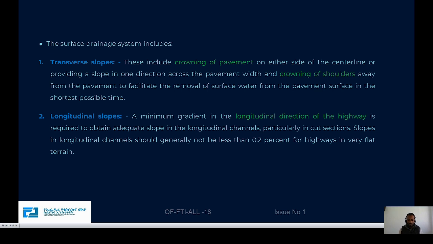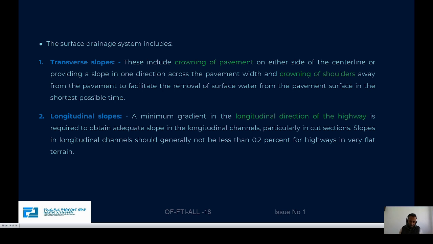Mostly 2.5 percent is provided for the traffic lane, and also crowning of shoulders away from the pavement. The shoulders also are given a slope, mostly 4%. So this is a transverse sloping system.